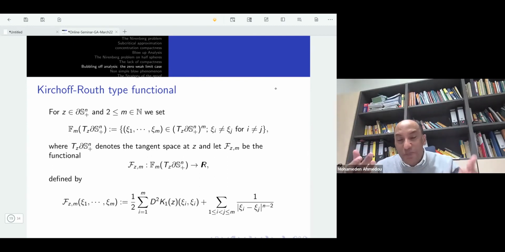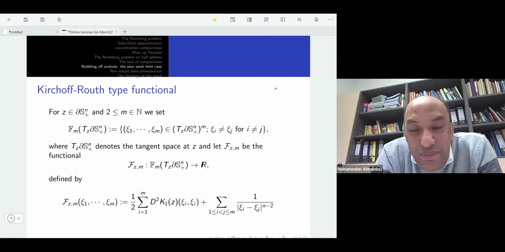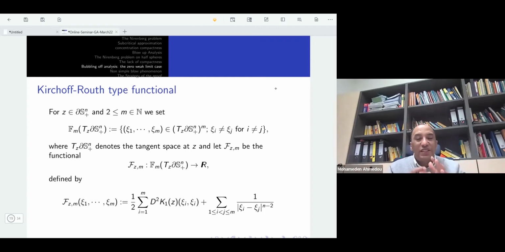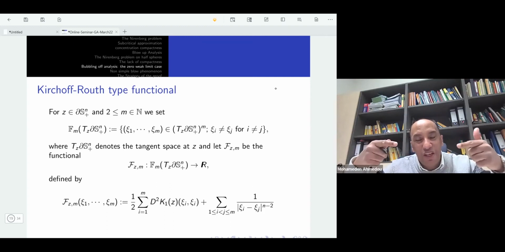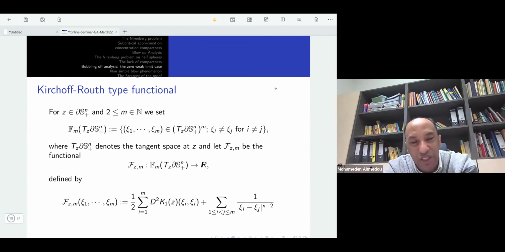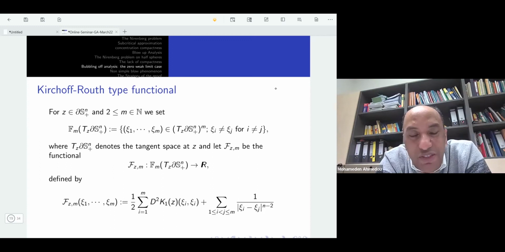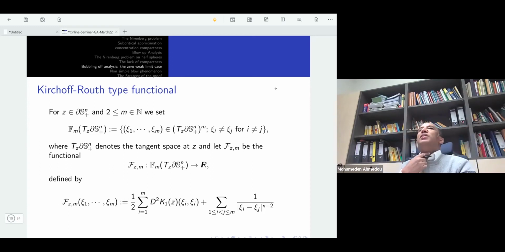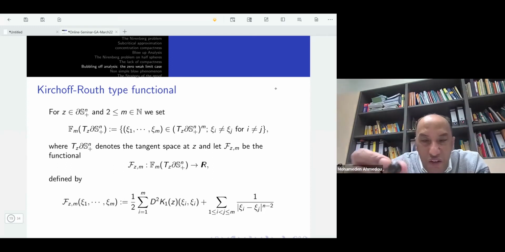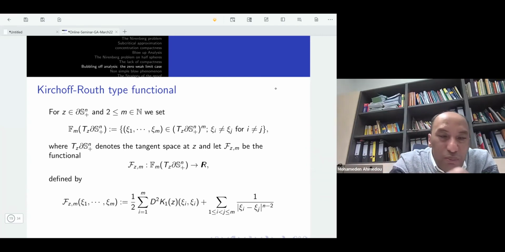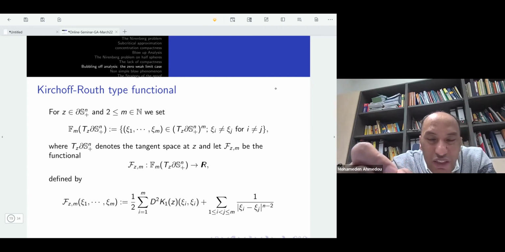And then it is very surprising that something similar, some family of the same type, also arises to understand the non-simple blow-up behavior in these Yamabe type problems, in the Nirenberg problem. So this function here is defined on the configuration space of the tangent space. You take a point on the boundary, and you take the tangent space, and you consider the configuration space of order m.